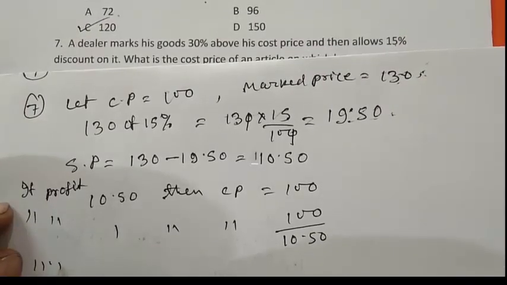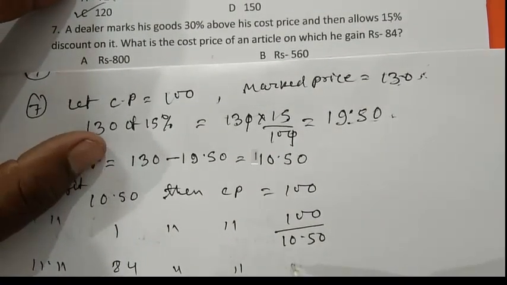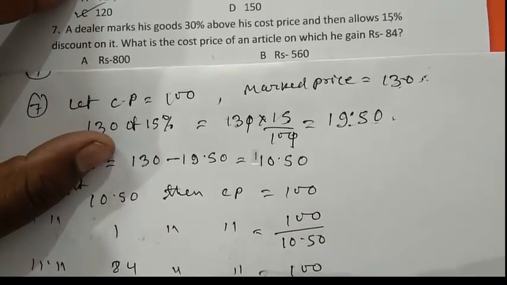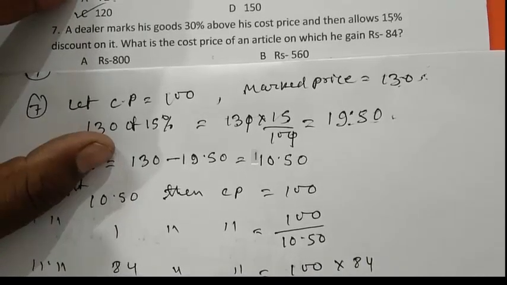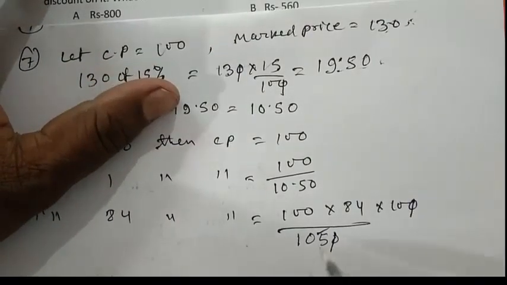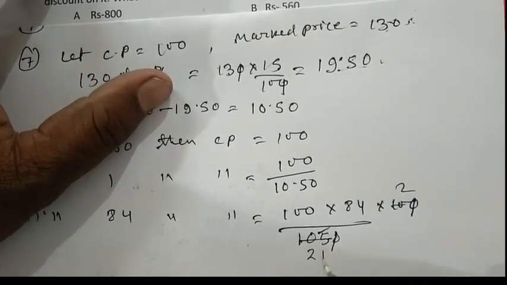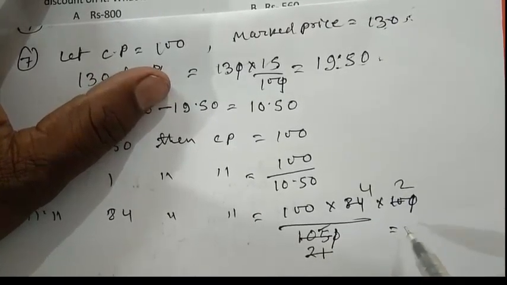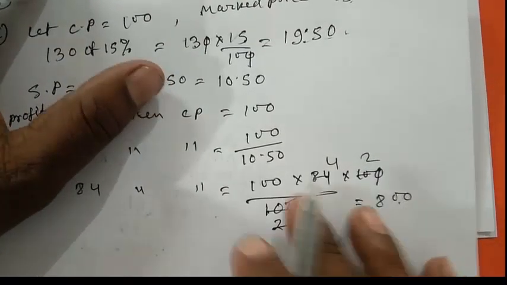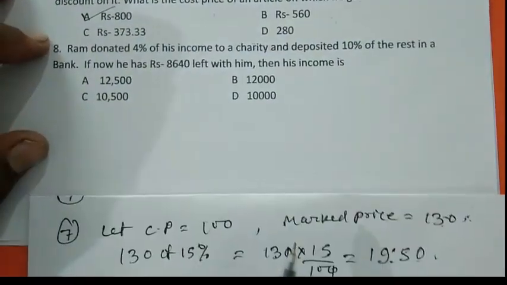If profit is 84, then CP is 100 into 84 by 10.50, eliminating the point over there, we get 800. So A is the correct answer.